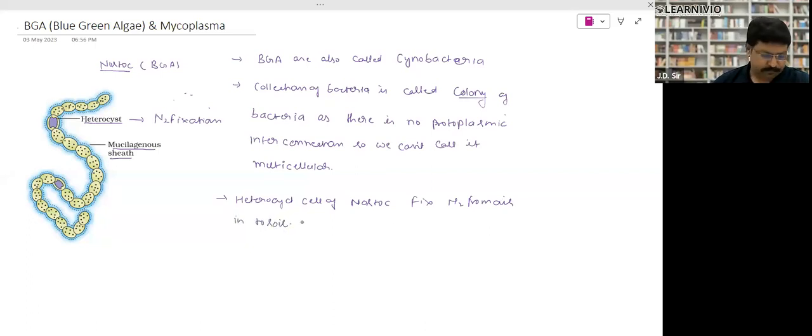Clear? They fix atmospheric nitrogen into soil nitrogen. That is their function. So this is the peculiarity of the blue-green algae.